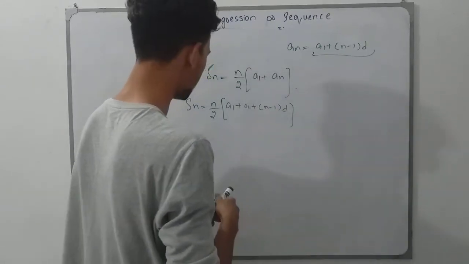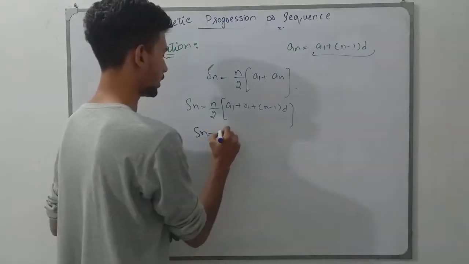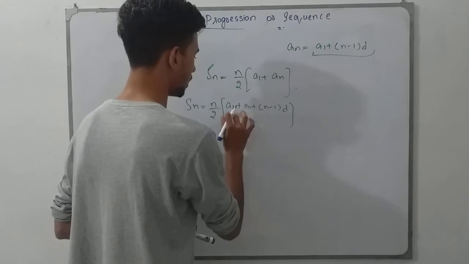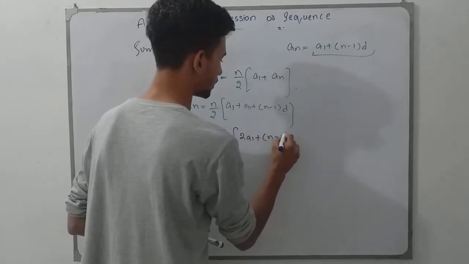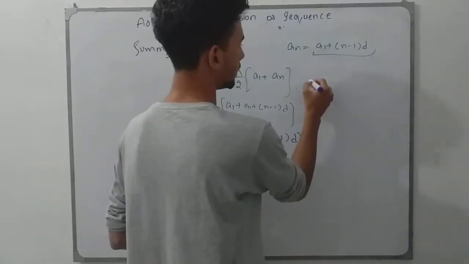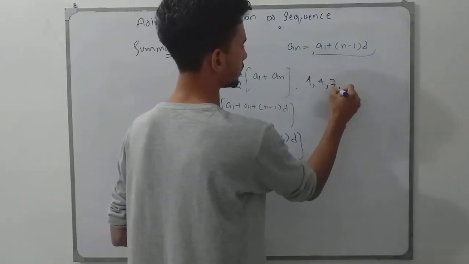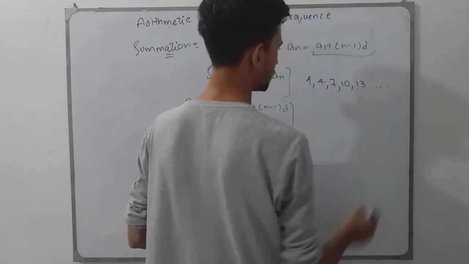So I have a particular formula for the summation of arithmetic progressions. Now I'm going to consider another series: 1, 4, 7, 10 and 13 and so on.